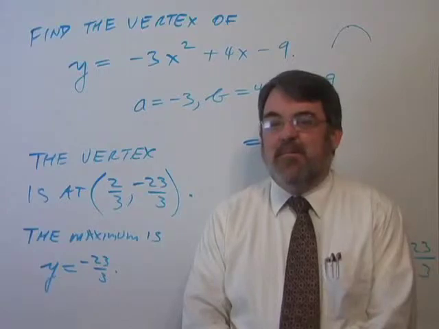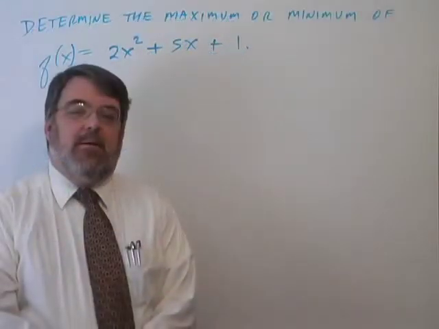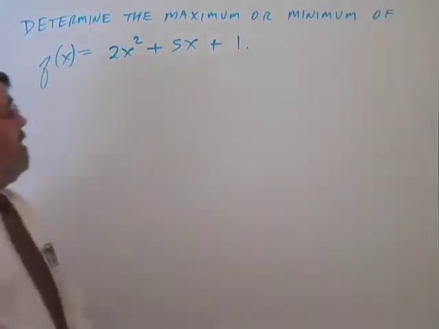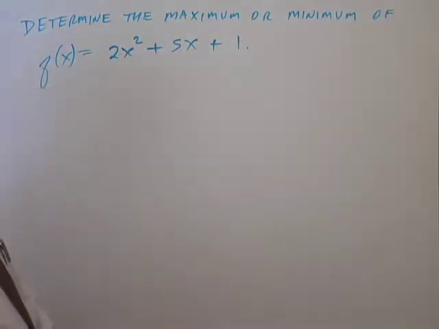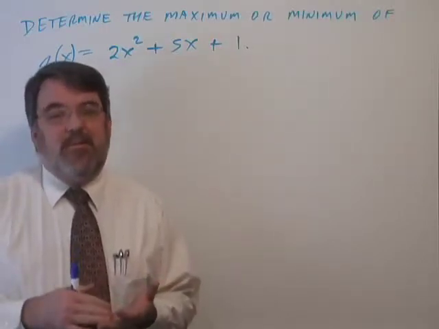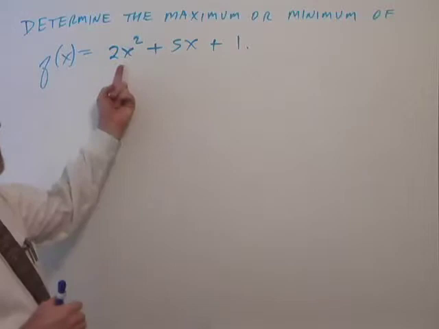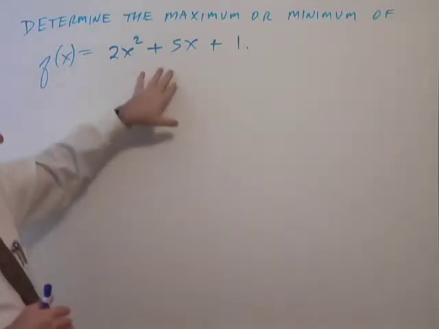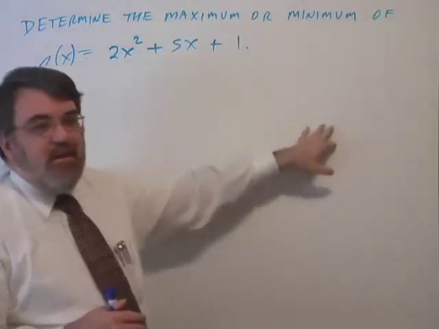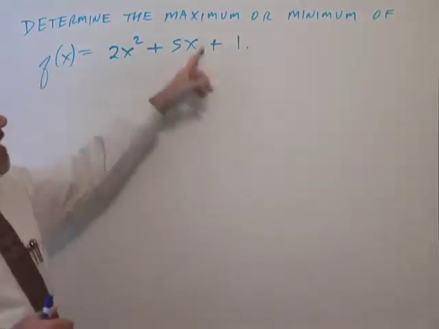All right, so I'll do one more example. Here's our example. Determine the maximum or minimum of f of x equals 2x squared plus 5x plus 1. Now, will it be a maximum or a minimum that we're finding? Okay, it's got to be a minimum because the leading coefficient is positive, so the function points upwards, which means it bottoms out at a minimum.